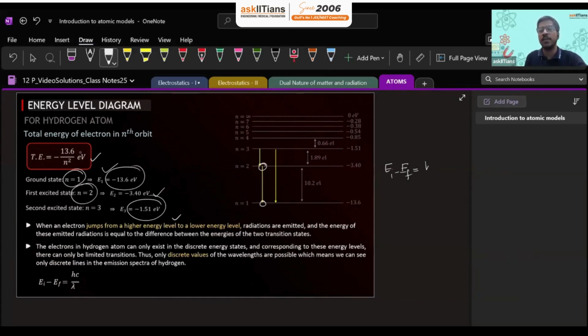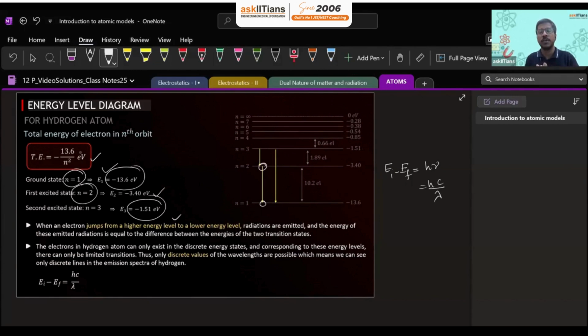The emitted photon will have energy equal to h nu, which is also equal to hc by lambda. We are able to see in the emission spectra only those wavelengths which correspond to these energy differences. Otherwise the wavelengths are not visible to us.